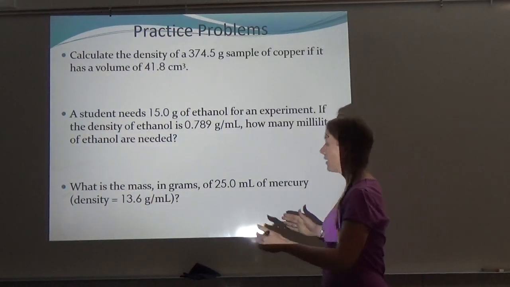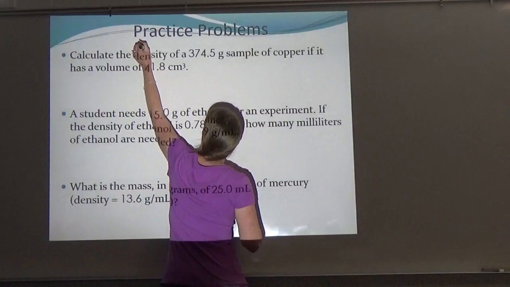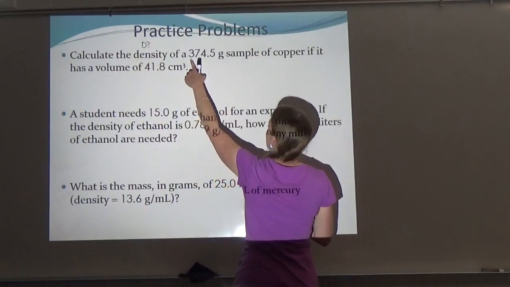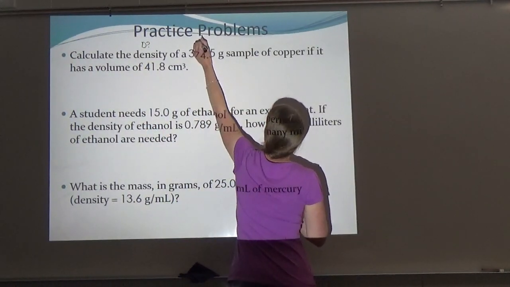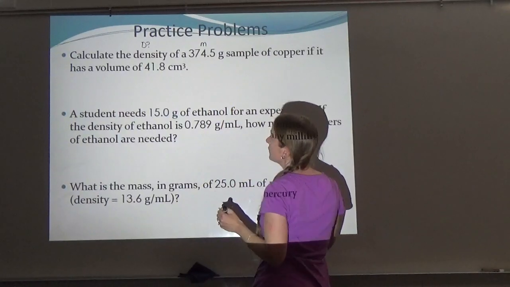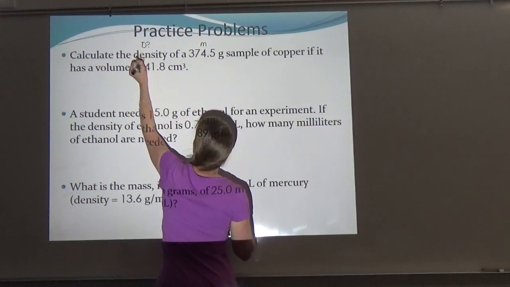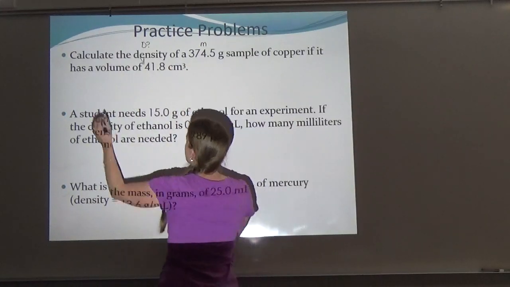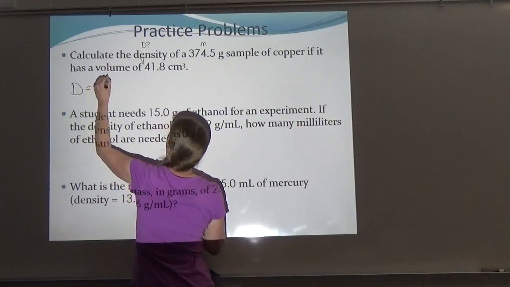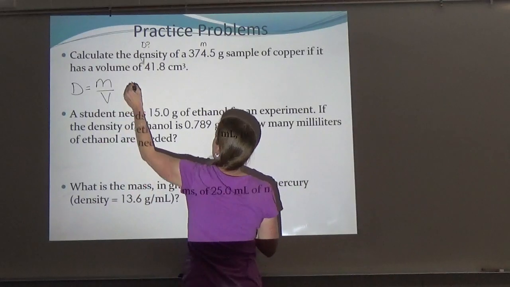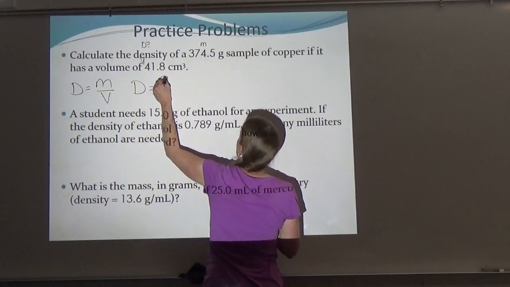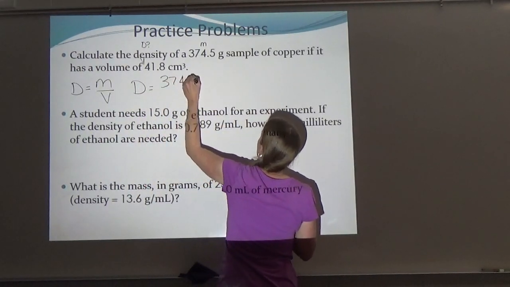So the first one says calculate the density, so we're looking for D, of a 374.5 gram sample, so there's my mass, of copper if it has a volume of 41.8 centimeters cubed. So in this case, I'm just solving for density. So density equals mass over volume, and so then I just plug in. So my mass is 374.5 grams.